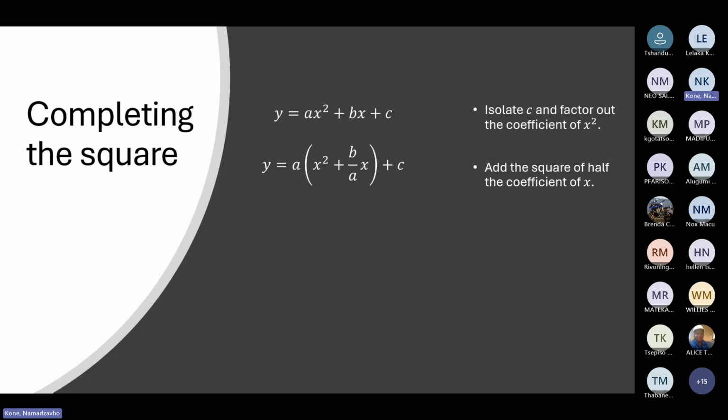Looking inside the bracket, the coefficient of x is b over a, and half of that is b over 2a. We need to add the square of that. So we take b over 2a and square it. When we square b over 2a, we get b squared over 4a squared. That is what we need to add inside this bracket.